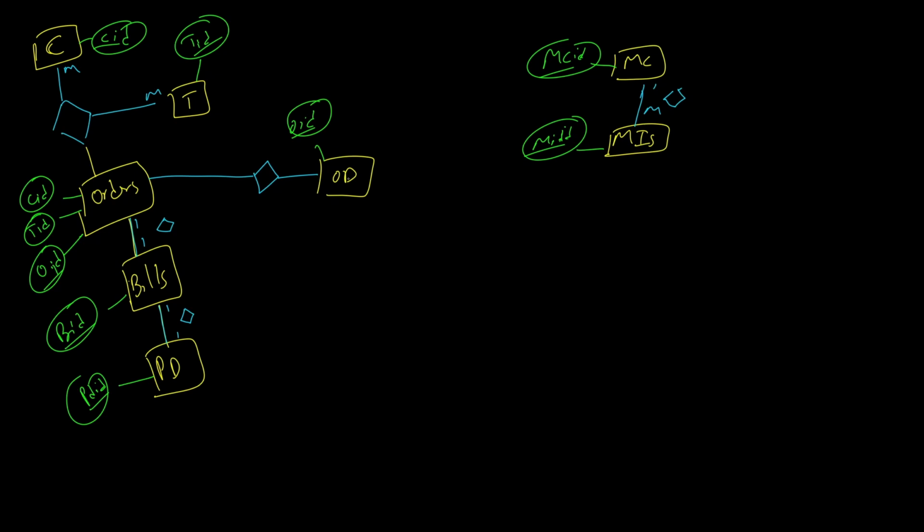For each of the orders we will be logging in the menu items which were there. So you can say this is a many to many relation, and this is the third table between them.